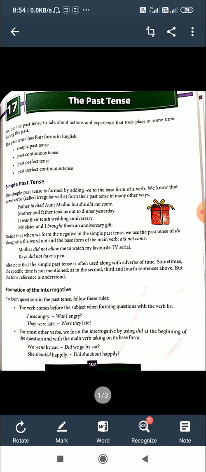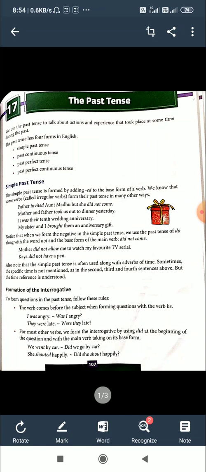Now, Kaya did not have a pen. Here did plus not plus have. So be careful. When you make negative sentence in past tense, you have to use did, the auxiliary. And after the auxiliary only we use not. It is wrong: Mother did allow not me.